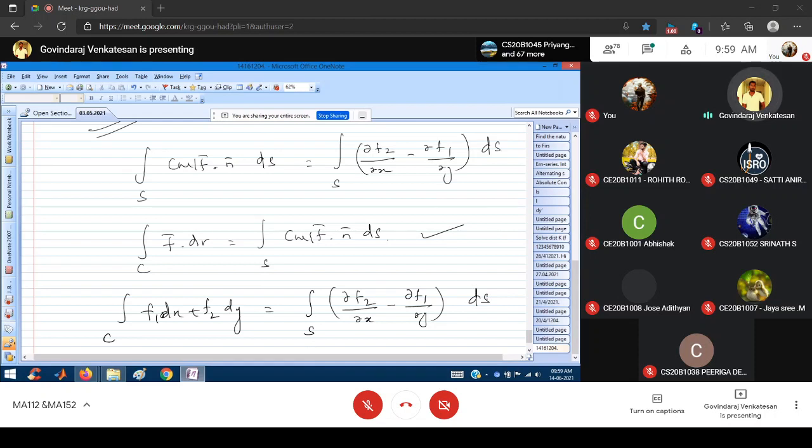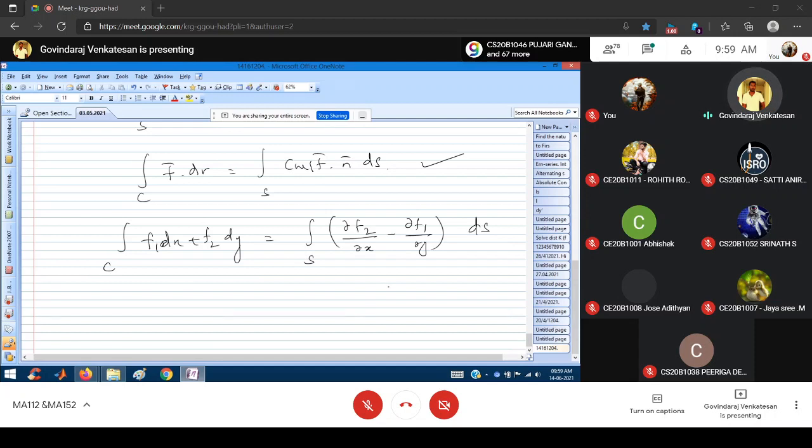It's a surface integral only on the xy plane, so my ds is nothing but dx dy. This can be written as the double integral of dou f2 by dou x minus dou f1 by dou y into dx dy. On the plane, I can denote the region as some capital E.